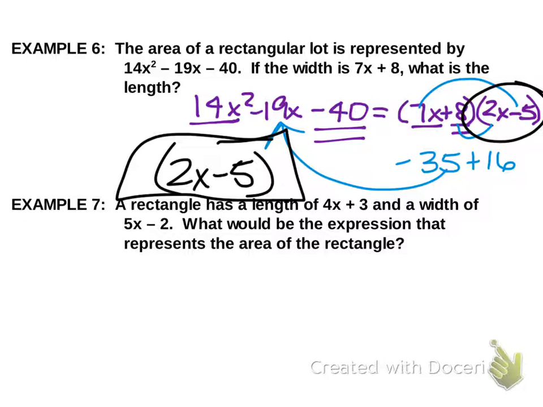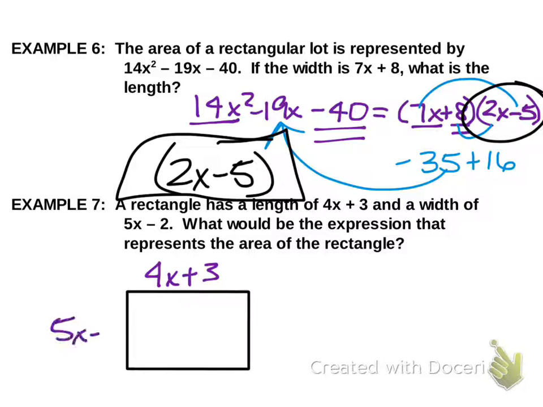Those two don't matter. Remember that here we have a rectangle that has a length of 4x plus 3 and a width of 5x minus 2. How can you express the area? So now we're going back and basically multiplying. What is this area here?